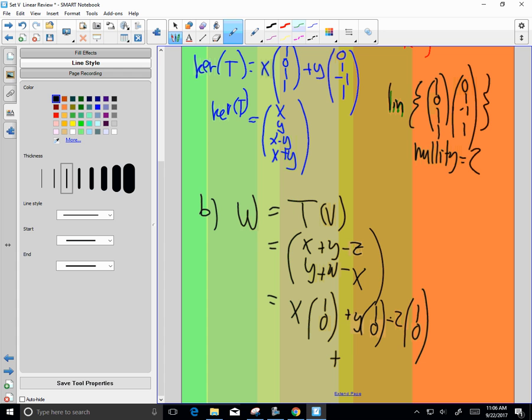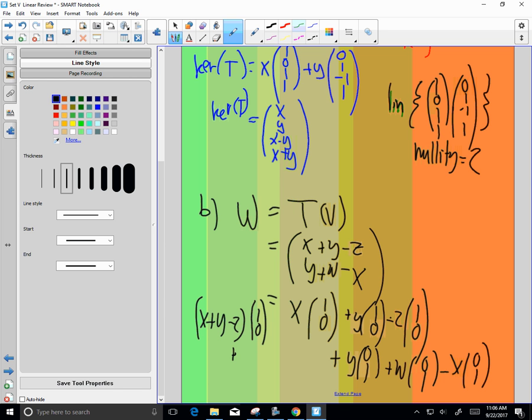Plus Y times 0, 1 plus W times 0, 1 minus X times 0, 1. Put all the 1, 0s together and you're going to get X plus Y minus Z times the 1, 0s plus Y plus W minus X times the 0, 1s.